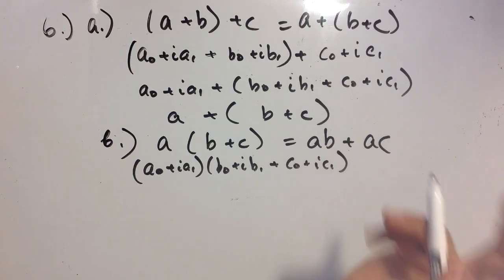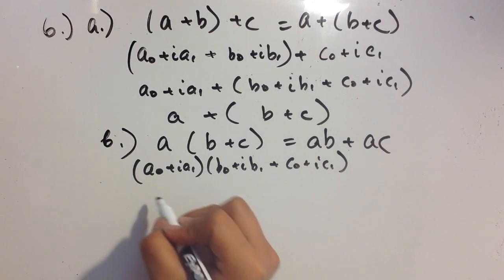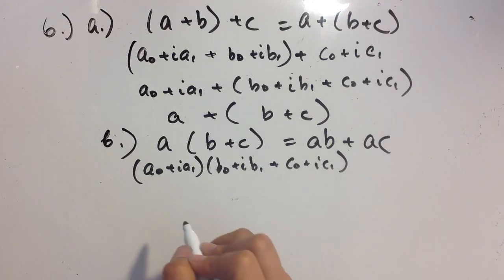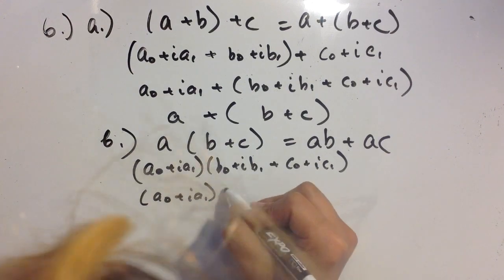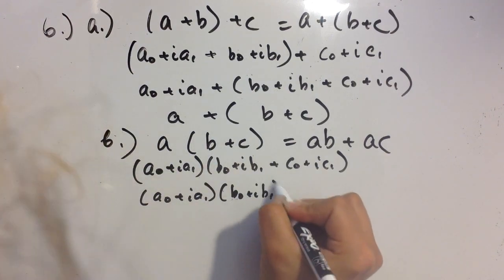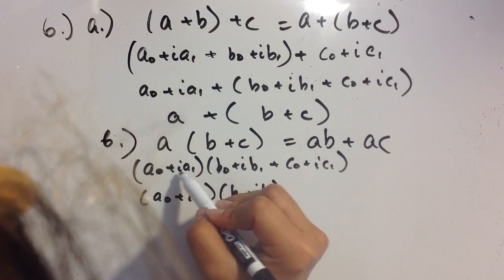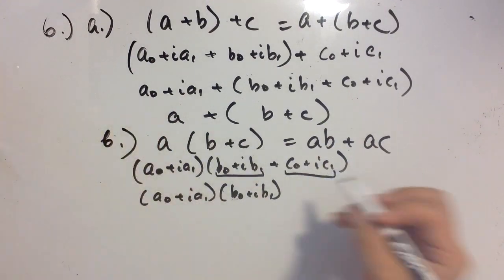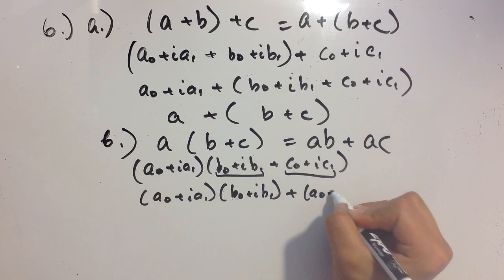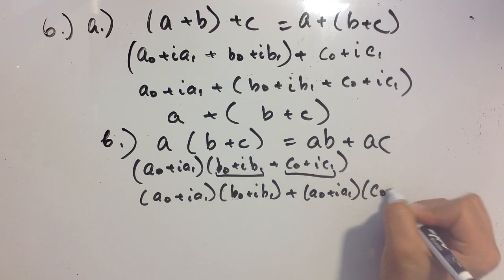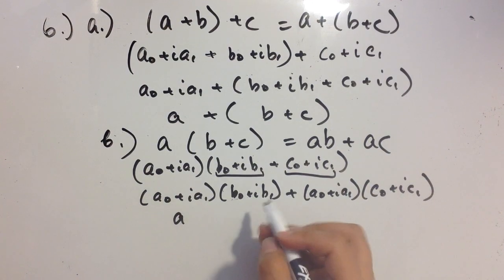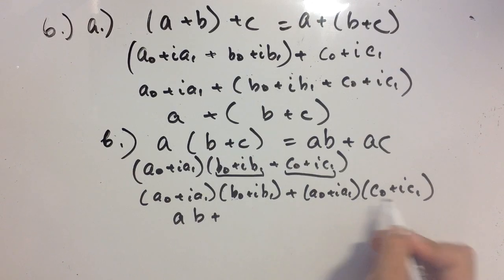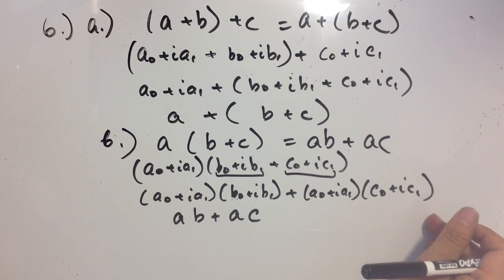The trick here is not to completely multiply it out, but to try to make our life easier. So here we have (a0 plus i a1) times (b0 plus i b1), and then (a0 plus i a1) times (c0 plus i c1). But this is just a and this is just b, this is just a and this is just c. And therefore we proved the distributive law.